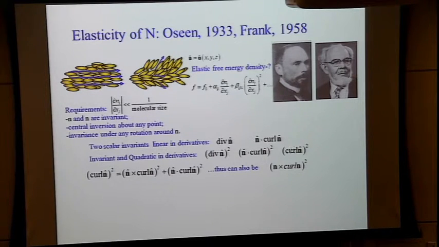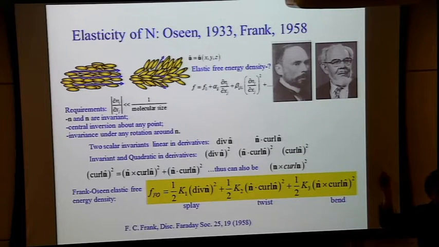Then I just make use of the identity that the square of curl n is nothing else but the sum of the vector and scalar products of n and curl n. And I just write down, from the sky, the expression that I think should be the free energy density for the nematic liquid crystal. And then I take a textbook and verify that this is precisely what is derived in the textbook.